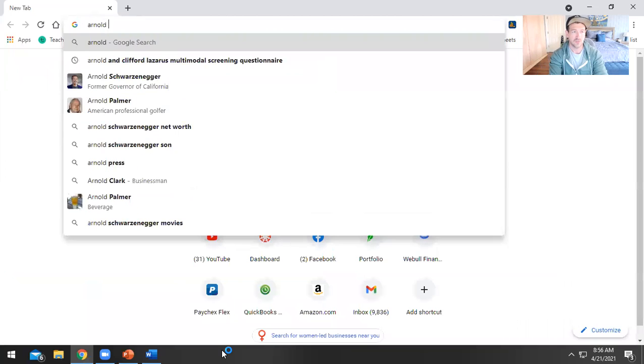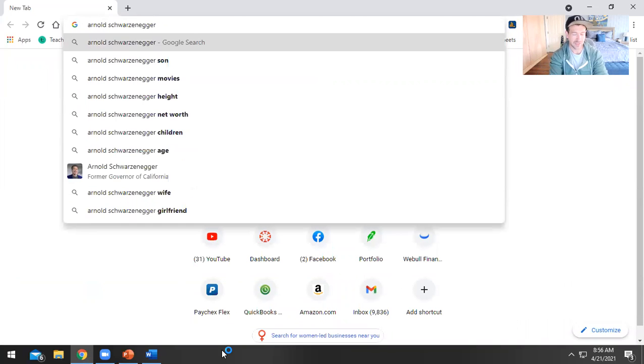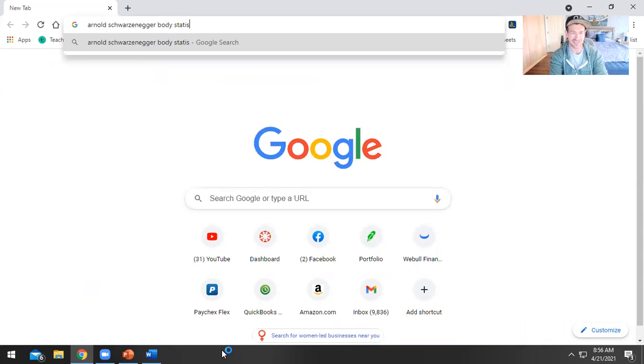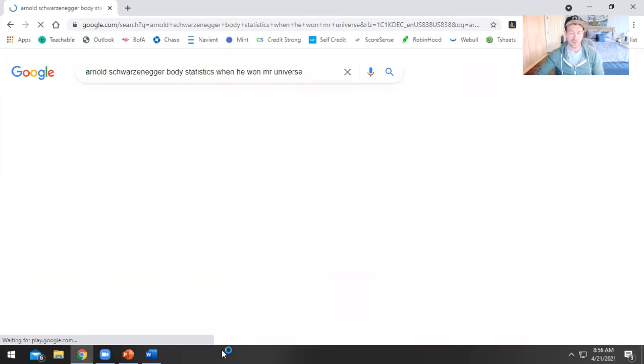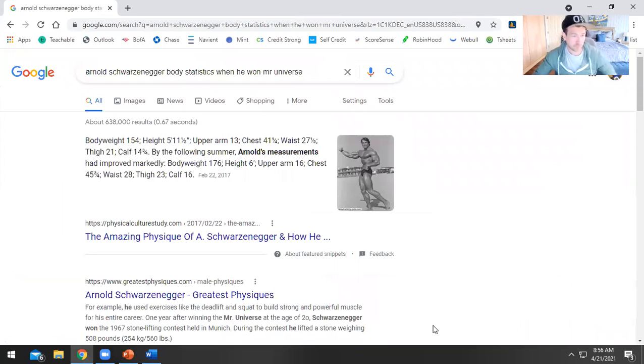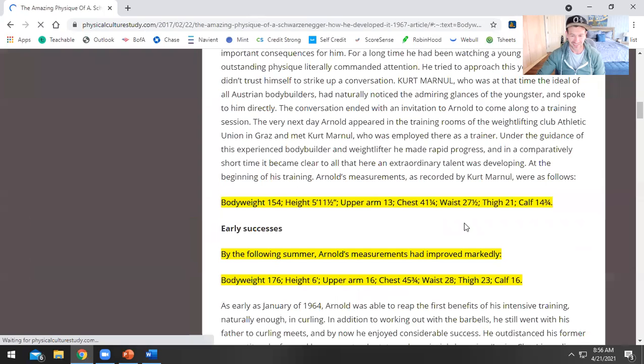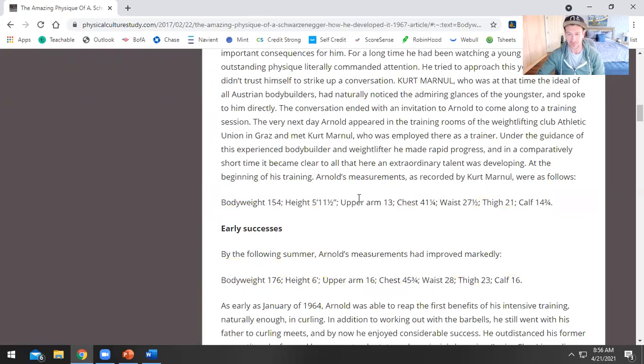Arnold Schwarzenegger, his body statistics when he won Mr. Universe. Did he weigh 154 pounds? There's no way. Okay, that was at the beginning of his training, when he was a kid, he weighed 154 pounds.